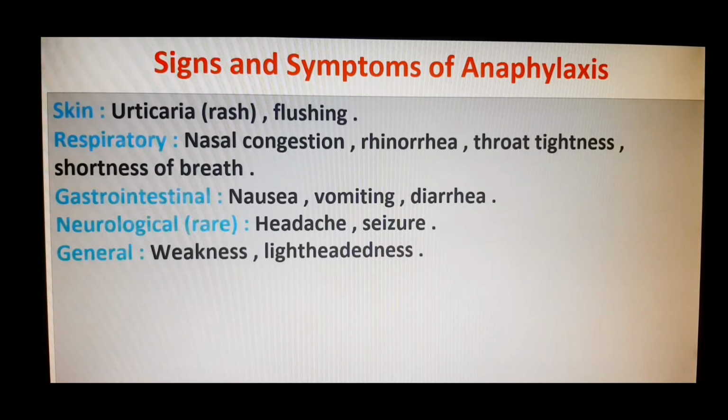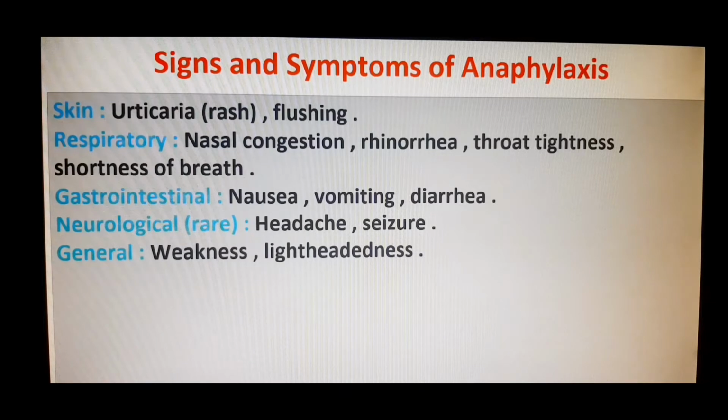In the respiratory system, we can see nasal congestion, rhinorrhea, throat tightness, shortness of breath, cough, hoarseness, bronchospasm, swelling of lips and tongue. In the gastrointestinal system, we can see nausea, vomiting, diarrhea, pain, cramping. In the cardiovascular system, tachycardia.